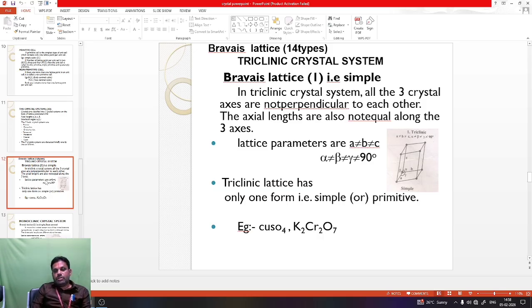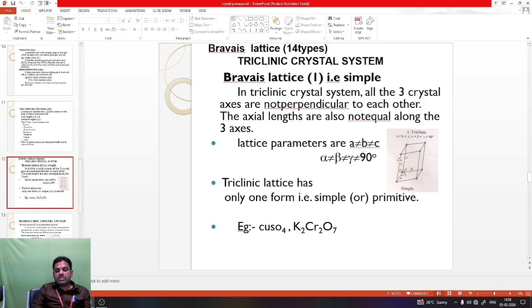Now the first one is the Bravais lattice for the simple triclinic system. Look here in the diagram: a, b, c values are not equal, so in all directions the length is different, and the angles are also not equal to 90 degrees.